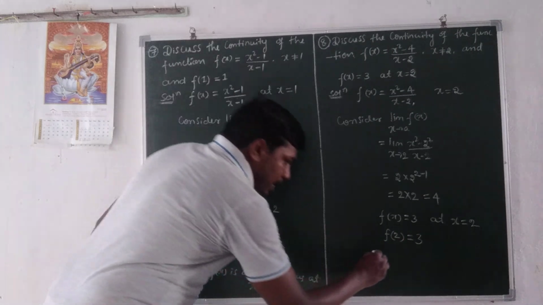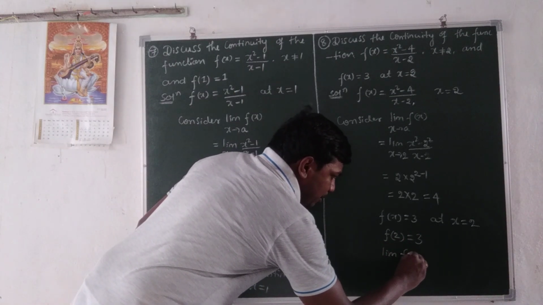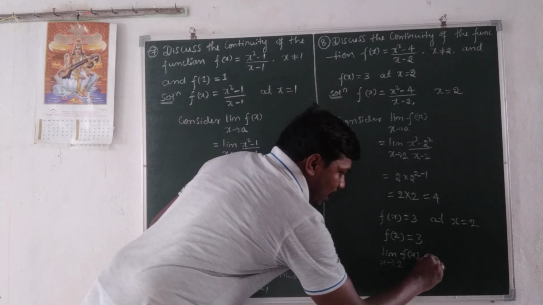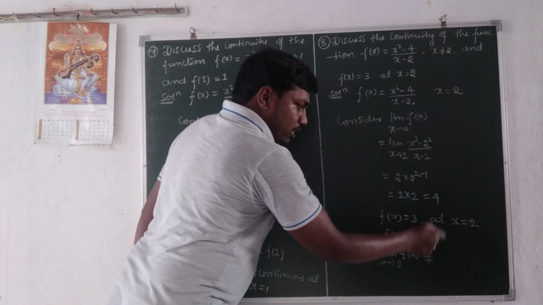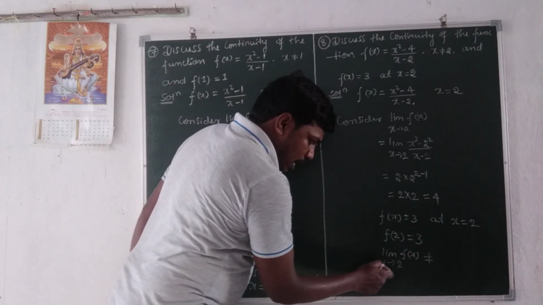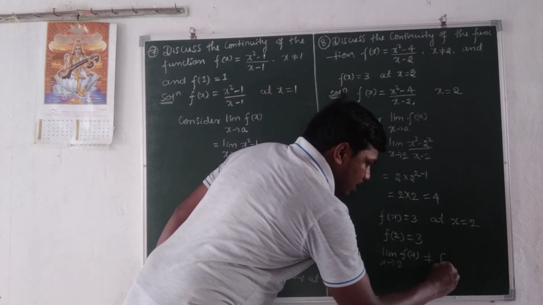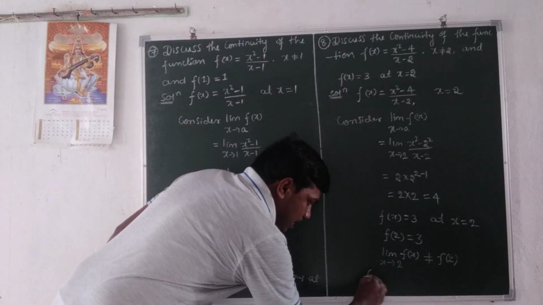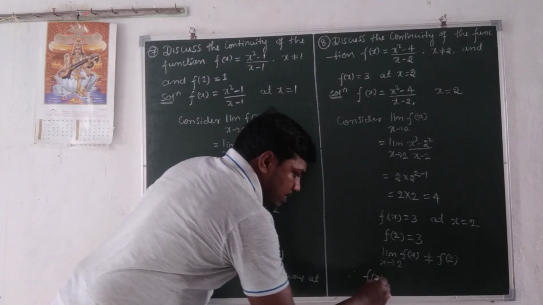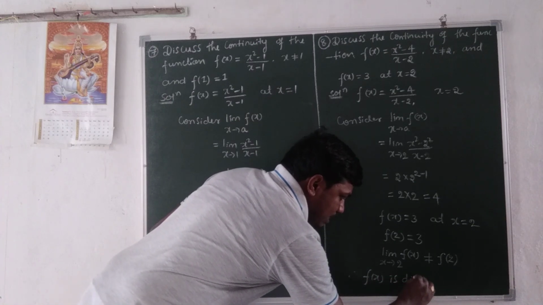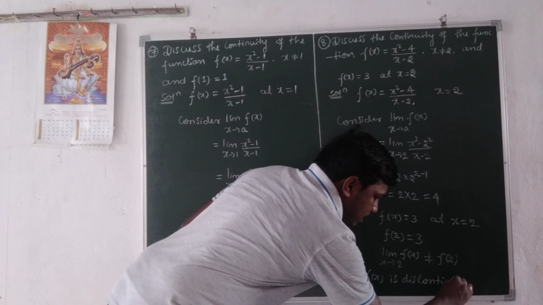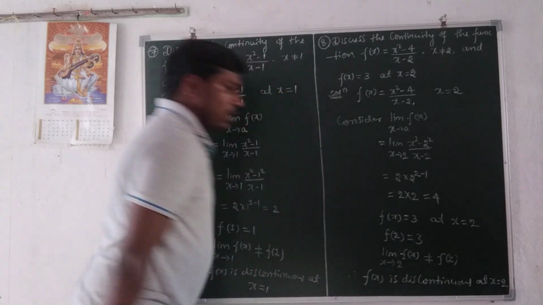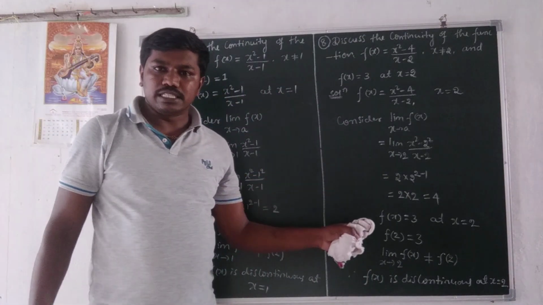So what can we write about the limit? Limit f of x as x tends to 2 is not equal to f of 2, because 4 is not equal to 3. So therefore f of x is discontinuous at x is equal to 2.